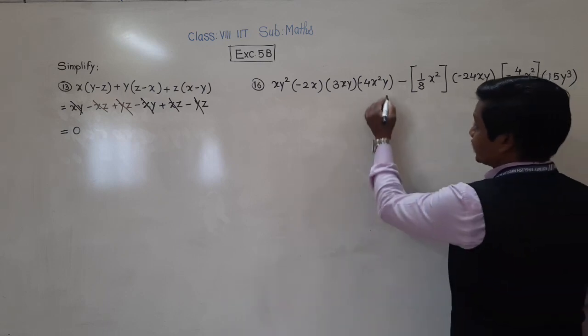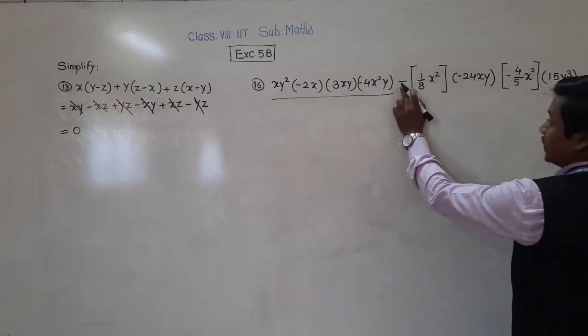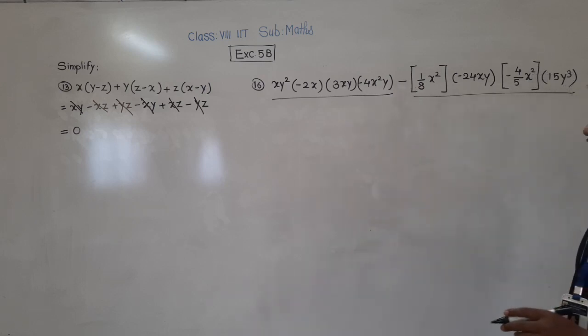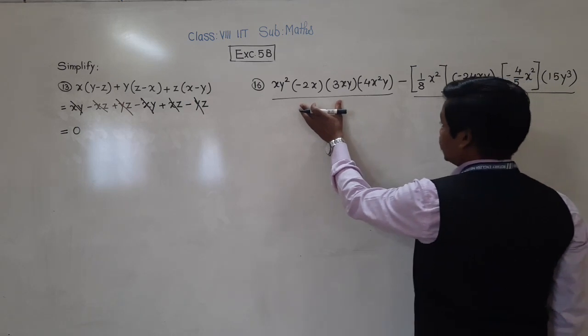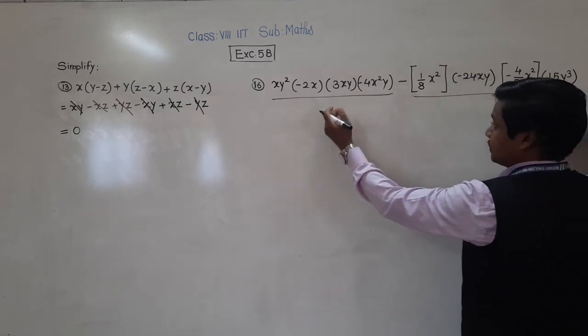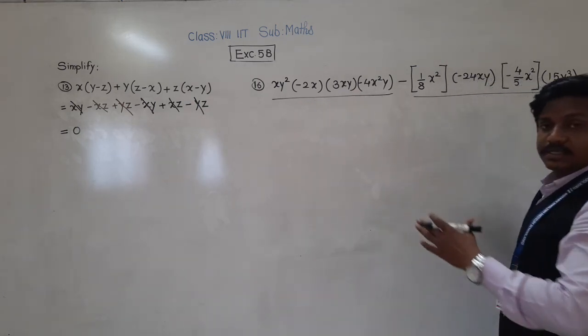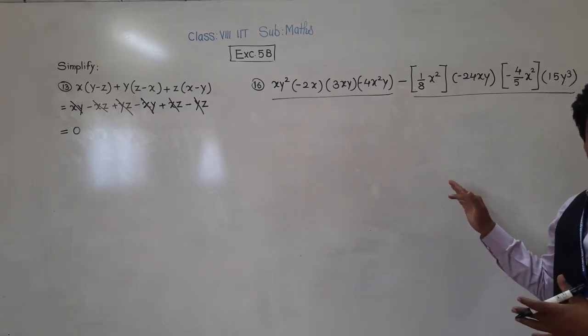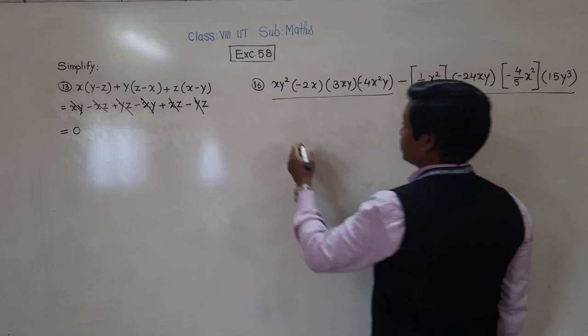So here two parts are there. This is one part. There is my subtraction sign between them, and this is another expression. Okay, so first we will solve this and this separately, then after that we will subtract them. Hopefully we will get the same literal factor to subtract.